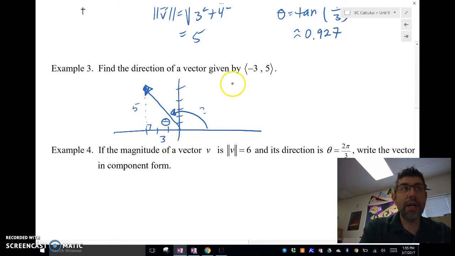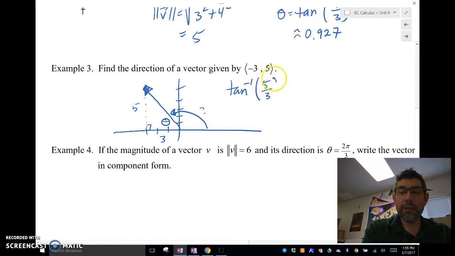So what I can do is I can go inverse tangent of 5 over 3, all right, y over x, which is going to give me this angle here, and whatever angle I get there, I'm going to subtract that from pi, and that'll give me this angle there, which let's call this alpha.